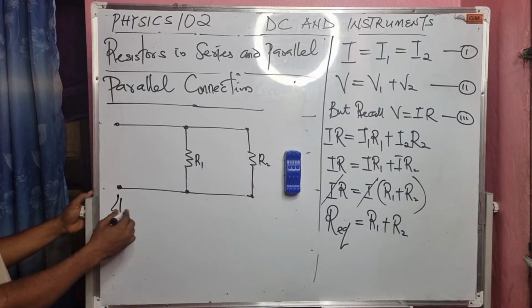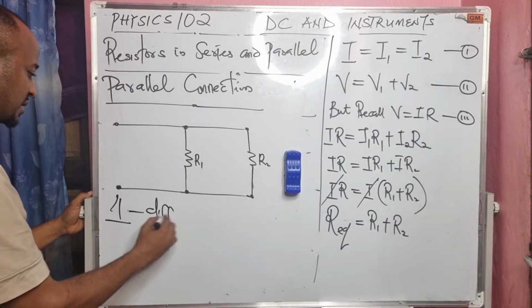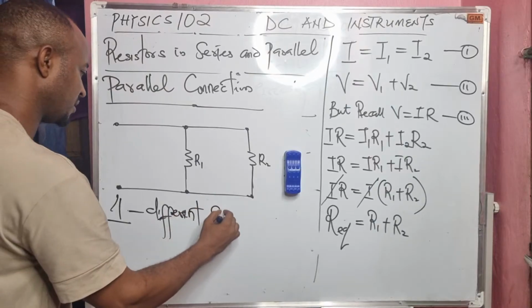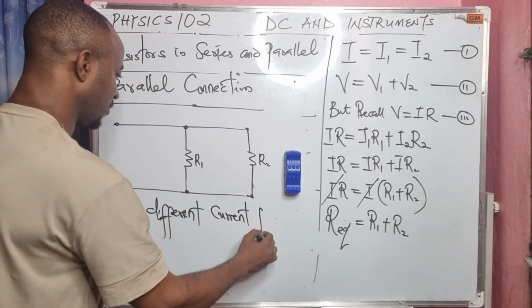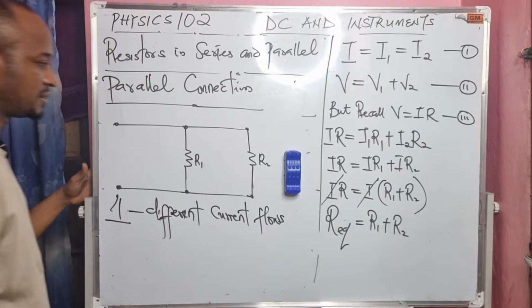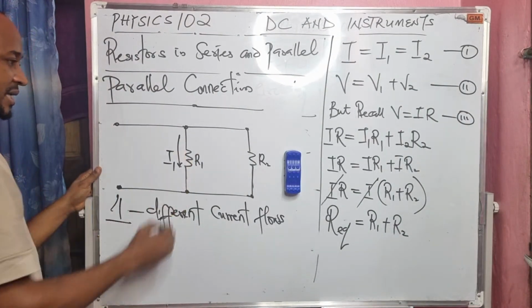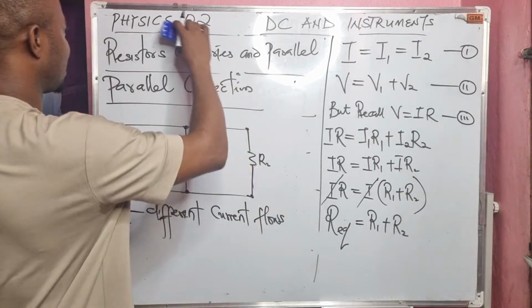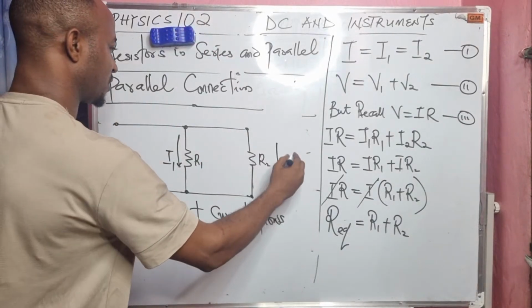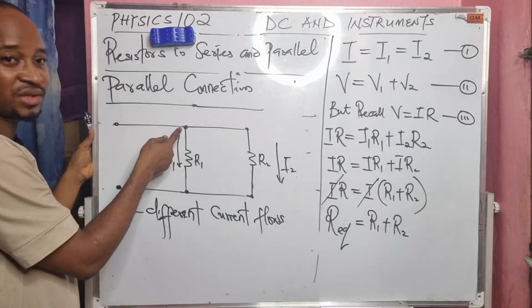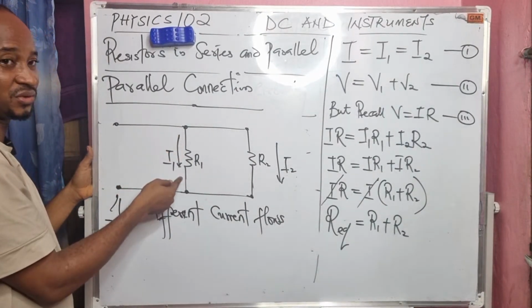Under parallel connection, we have different currents flowing. I have a current that flows here. This is I1. I can also have a current that flows this way, which is I2.